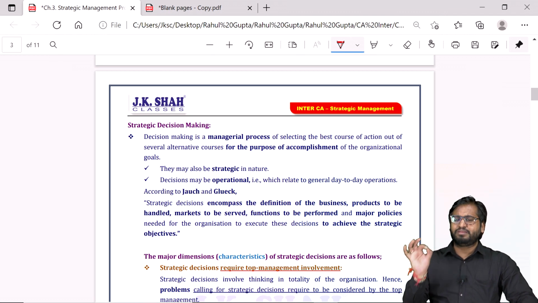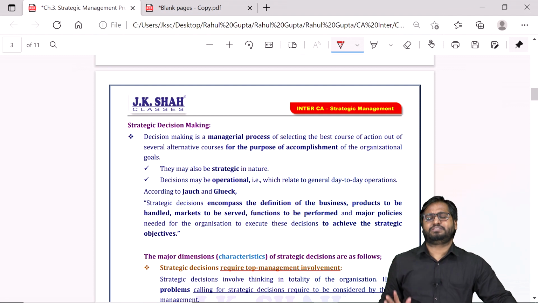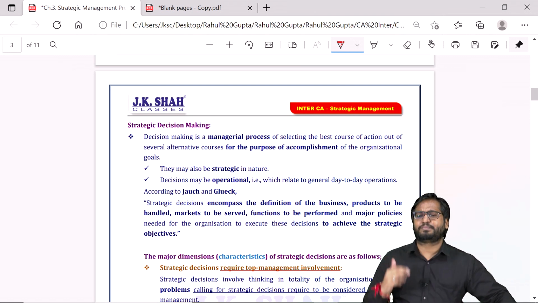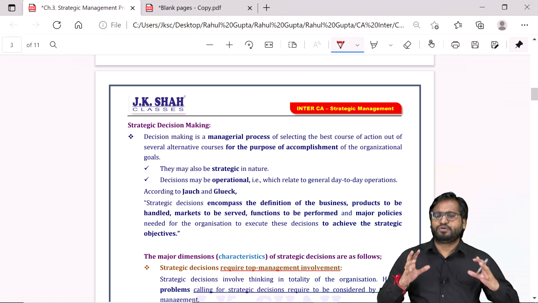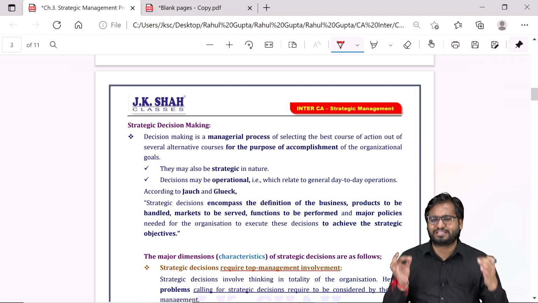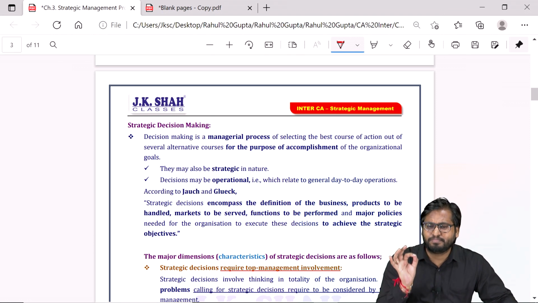So what do you mean by decision making? Decision making is a managerial process. Out of many alternatives that I have, I select the best for the present times. That is called decision making.